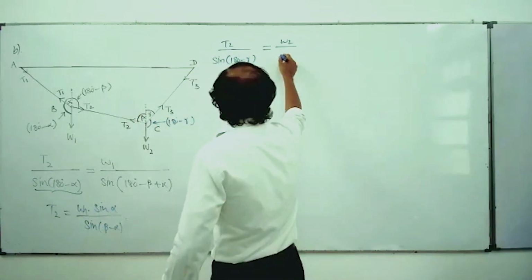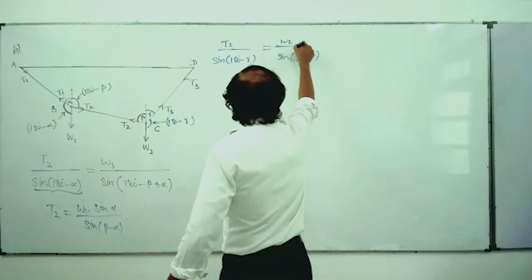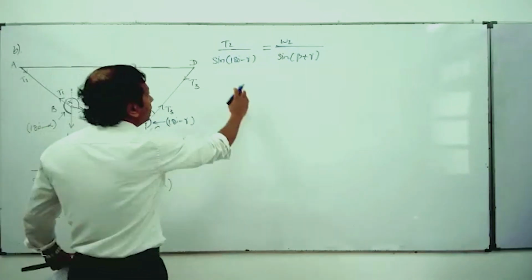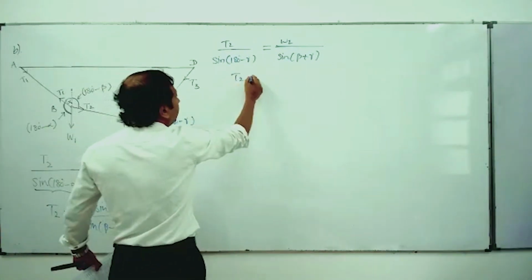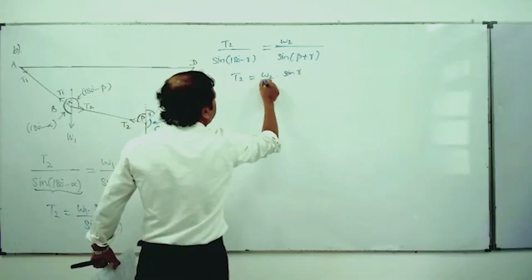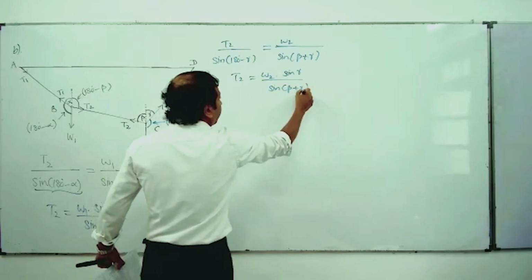Beta plus gamma, sine beta plus gamma. Then T2 is W2 into sine gamma divided by sine beta plus gamma.